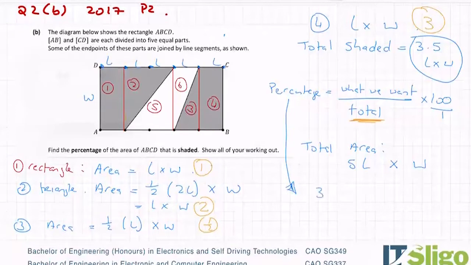What we want, 3.5 length by width, over 5 lengths by width, multiplied by 100 over 1. So length by width cancels. Put 3.5 over 5 multiplied by 100 over 1, and you get 70%.